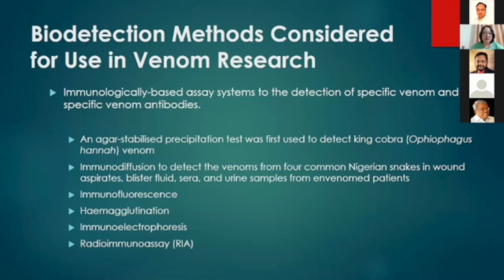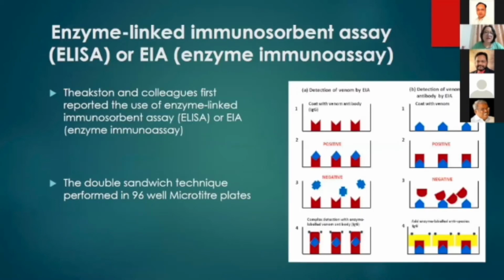Then diffusion tests, immunofluorescence, hemagglutination, immunoelectrophoresis, and also radioimmunoassay. These are some of the biodetection methods that I have just listed. And also ELISA, enzyme-linked immunosorbent assay, or EIA, that is enzyme immunoassay.